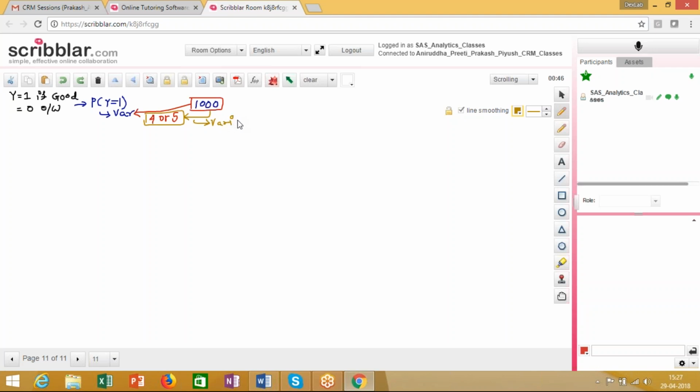Now, when should I choose a particular variable for developing a given model?